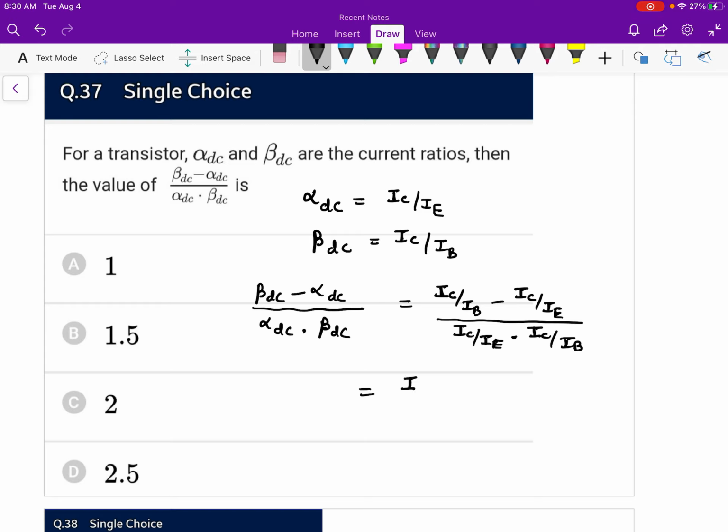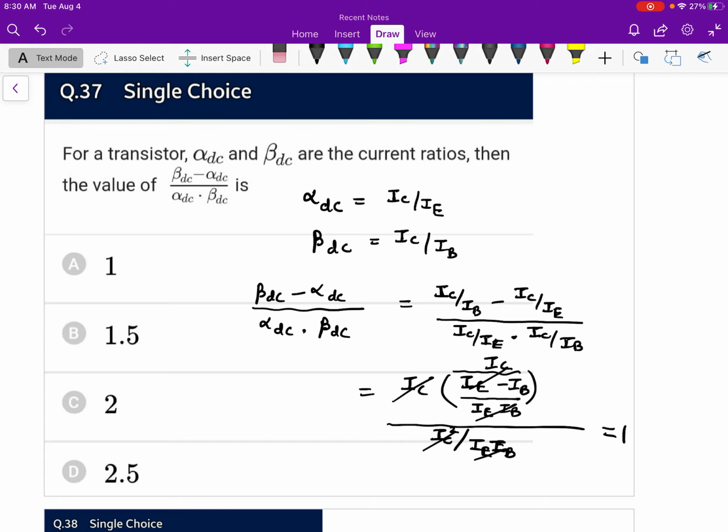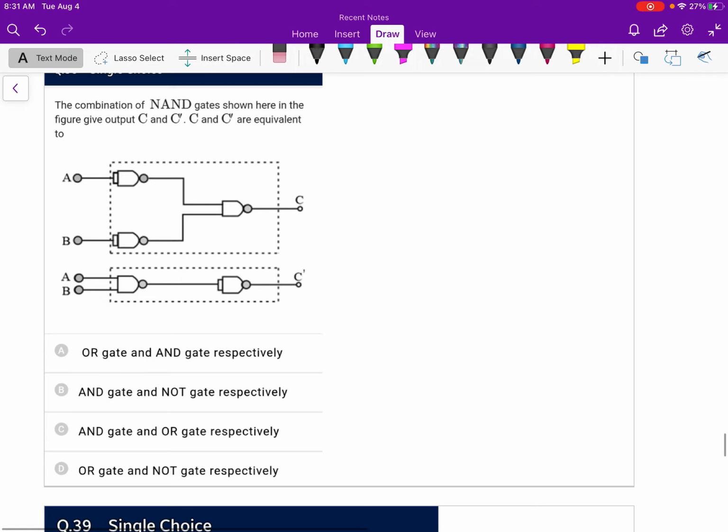Now taking LCM, IC is common, and IE minus IB upon IE IB, and in the denominator we have IC square upon IE IB. Okay, now IE minus IB is IC, so IC square upon IC square comes to be 1. So 1 is the correct answer.